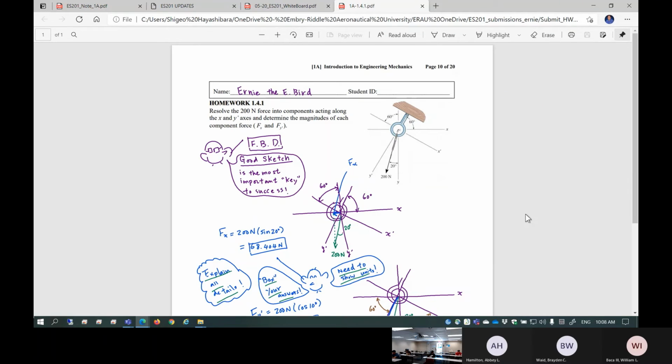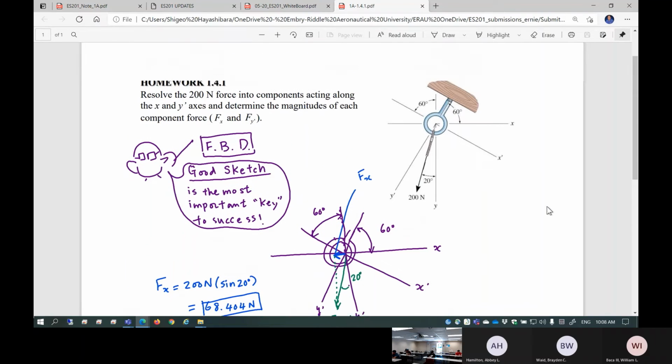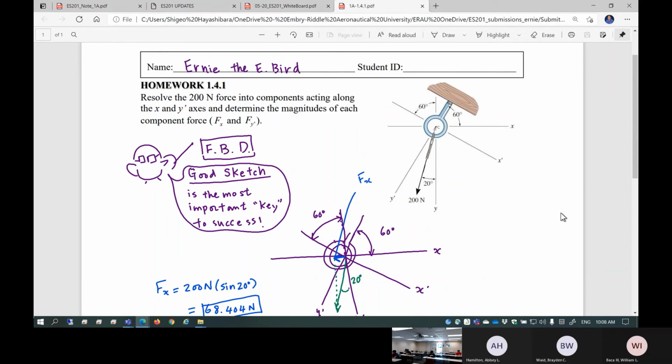Okay, so this is what he did. The one important lesson here is that Ernie the Bird, actually controlled by Dr. H, was trying to demonstrate the solution of this first homework assignment using the digital device.